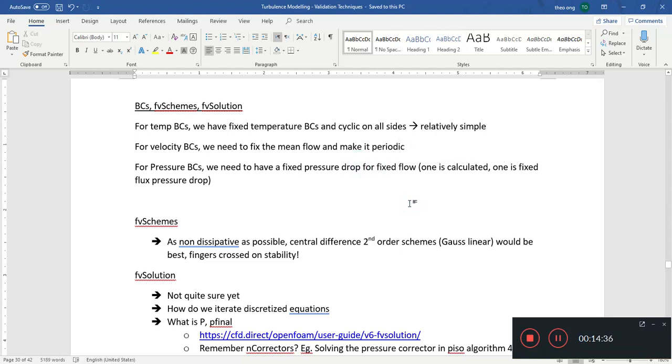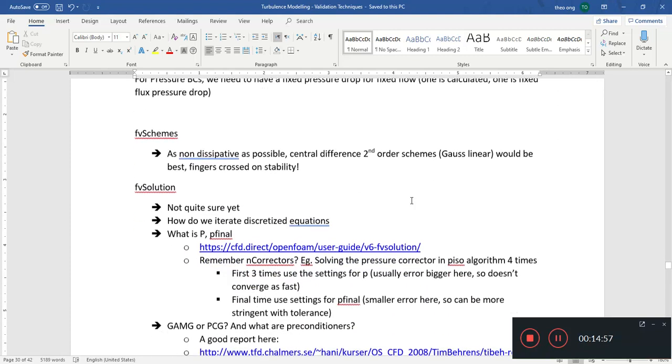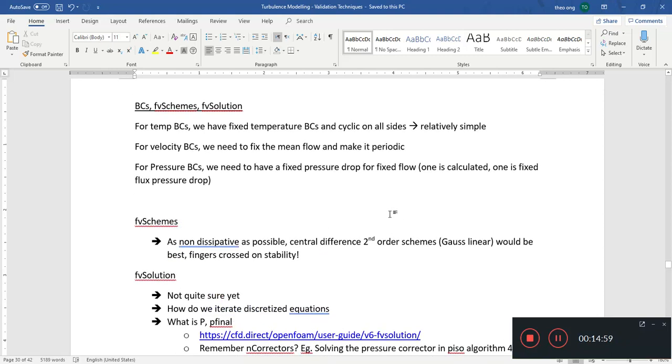But that actually comes from the custom fvOptions that we specify, so we don't really need to worry about this. We just need to make the sides, the open ends, cyclic, and the walls should be fixed flux pressure. So that's more or less the general idea.